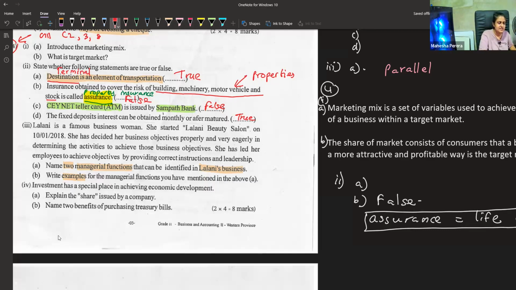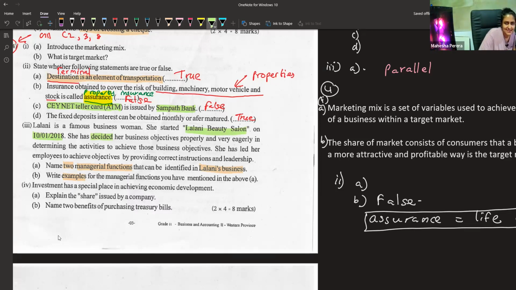It says Lalani is a famous business woman. She started Lalani Beauty Salon on this day. This is her business name. She has decided, now we know, by looking at the verb, we can identify what this business function is.